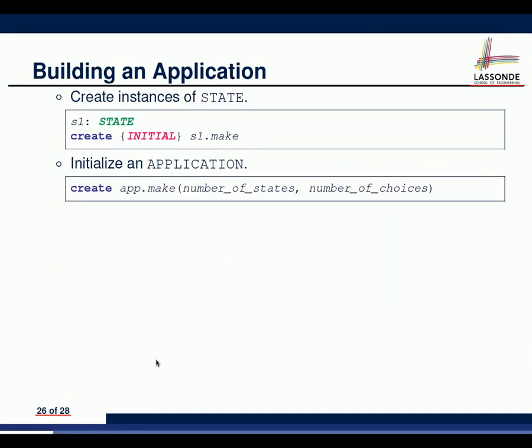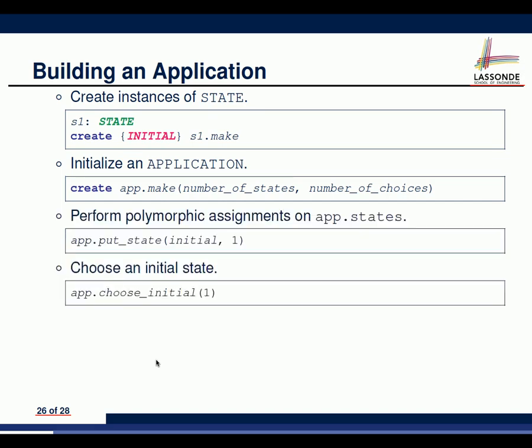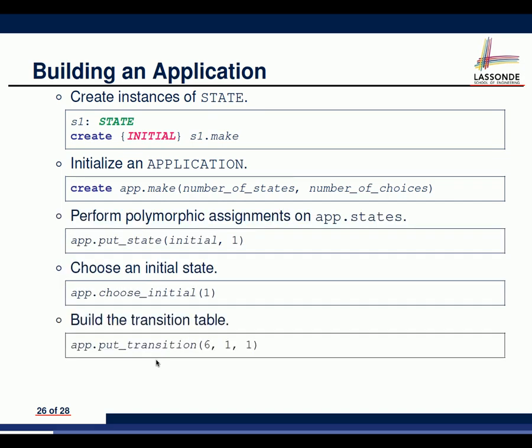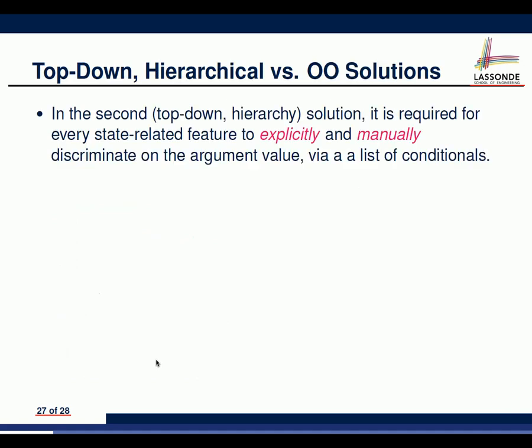Okay, so now here I just summarize exactly what you have to do if you do the application as a client. Everything we have gone over, so I don't need to repeat. Finally, we want to compare design number 2 and design number 3 again. These are really important comparisons for you to understand. In the second solution, we have to explicitly and manually discriminate on the current state input.